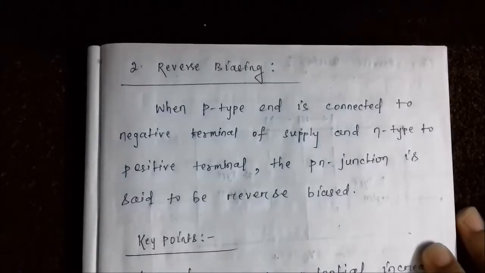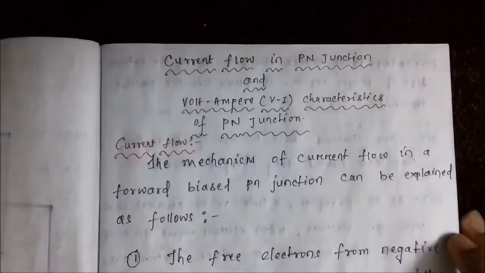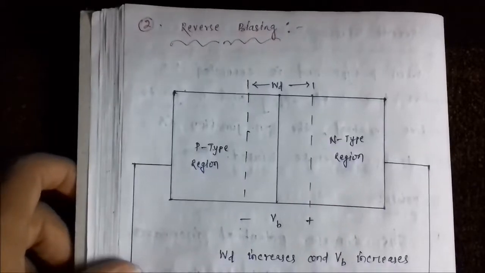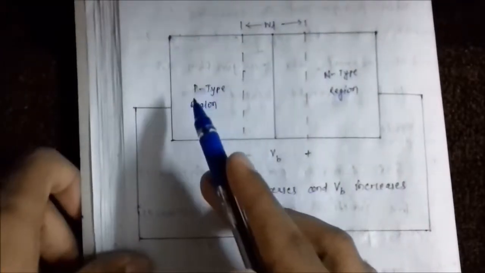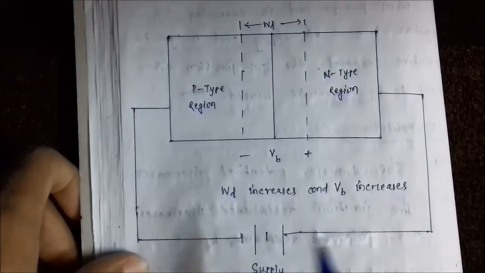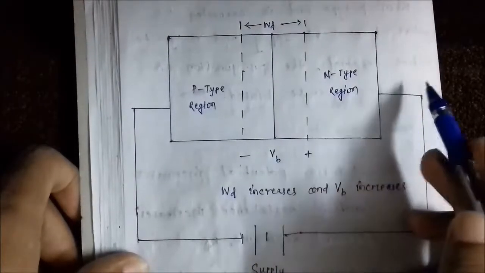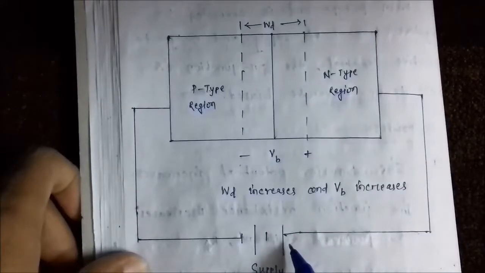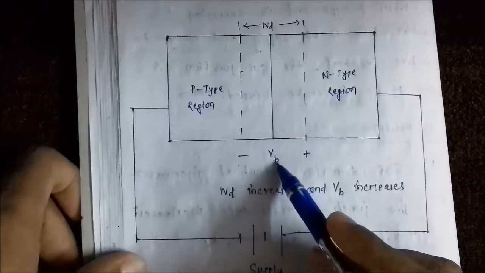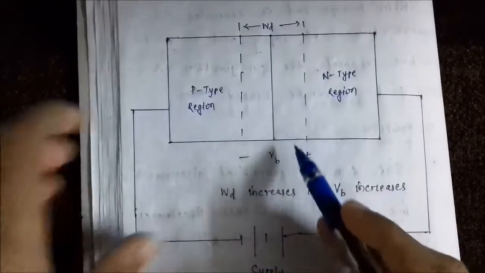So it is just the opposite of forward biasing. Let me show you the reverse biasing schematic diagram. Here, the p-type region is connected to the negative terminal of the supply voltage, while the n-type region is connected to the positive terminal. As you would notice, the barrier potential gets increased.